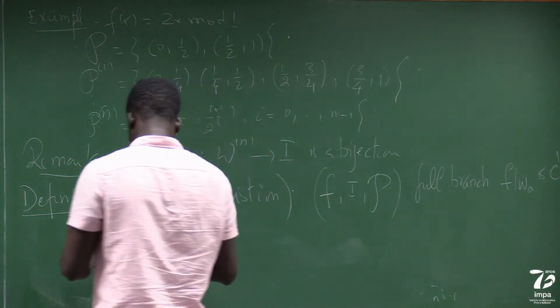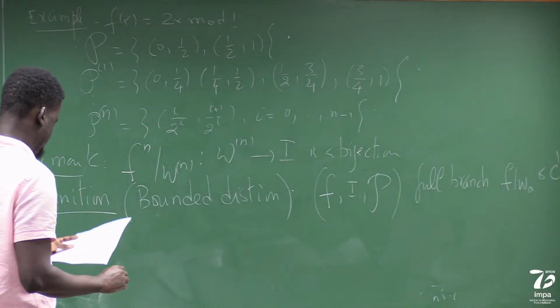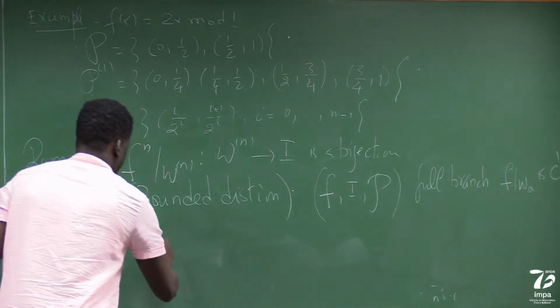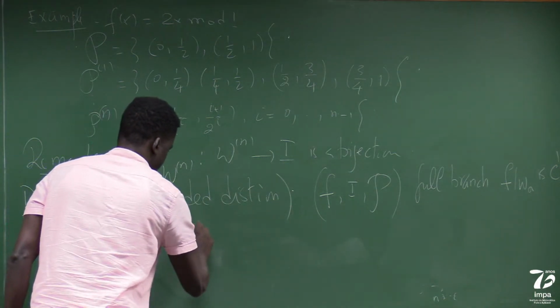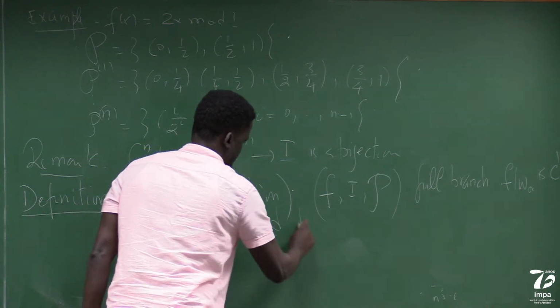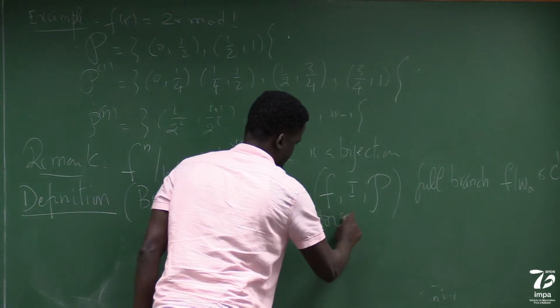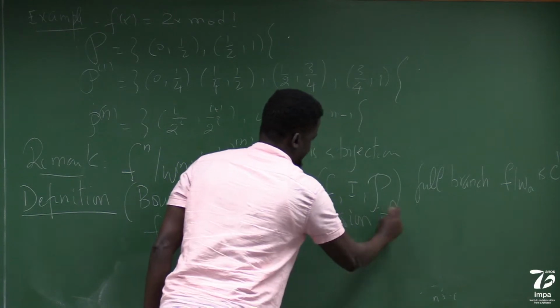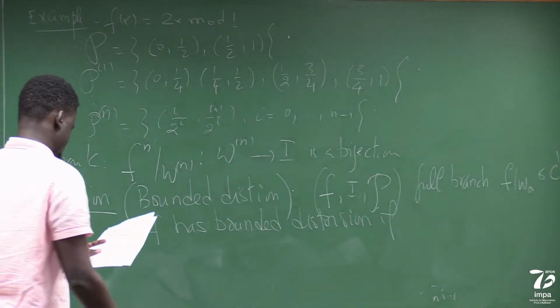We say that f has bounded distortion if this quantity is finite.